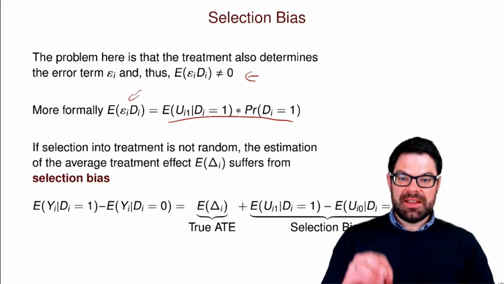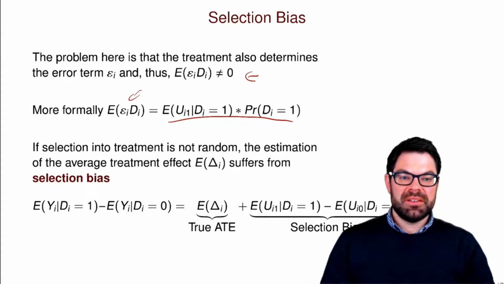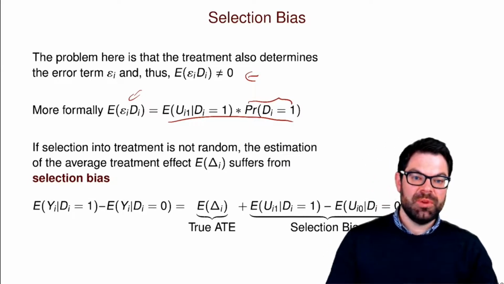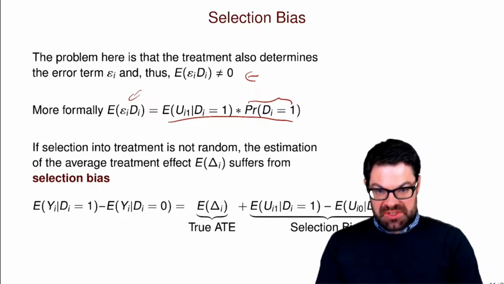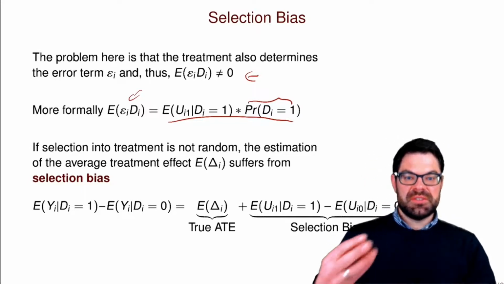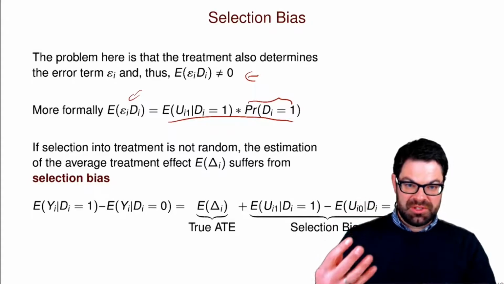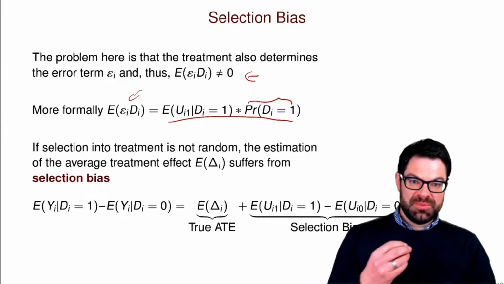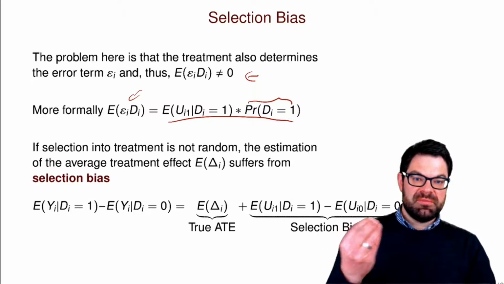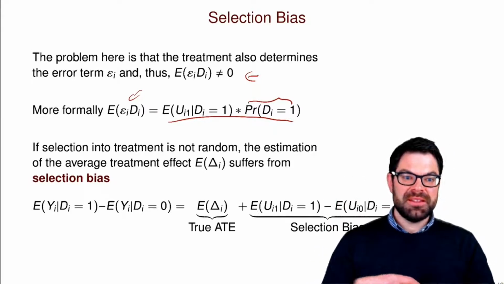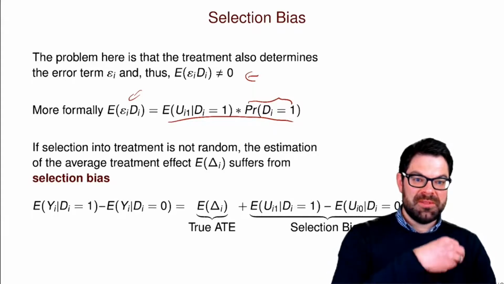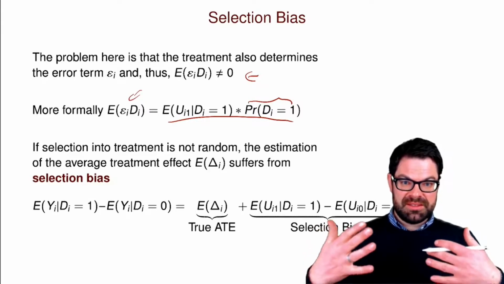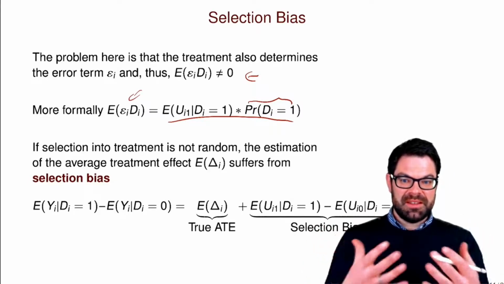So that covariance basically is the product of the likelihood of getting treated, or in that case the share of units that get treated, times the expected idiosyncratic outcome, right, of those who get treated. Right? And so obviously, if those people who select into treatment are systematically different from those who do not, then that will be different from 0. As soon as you have some people who get treated, and as soon as these people differ systematically, you have that covariance that differs from 0.